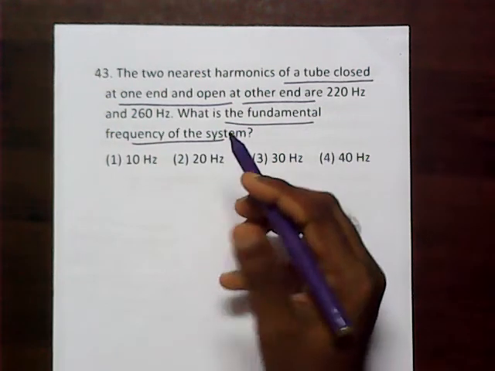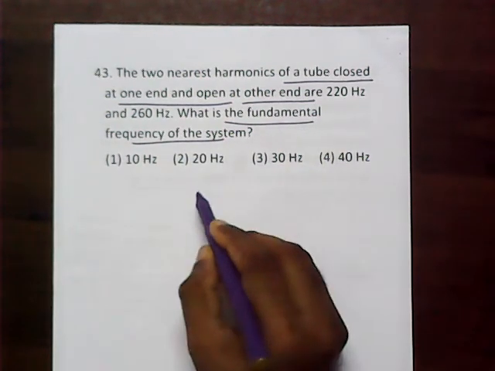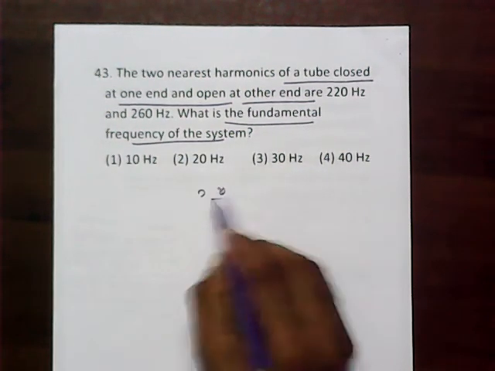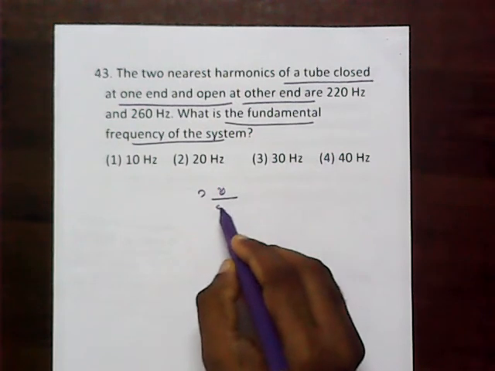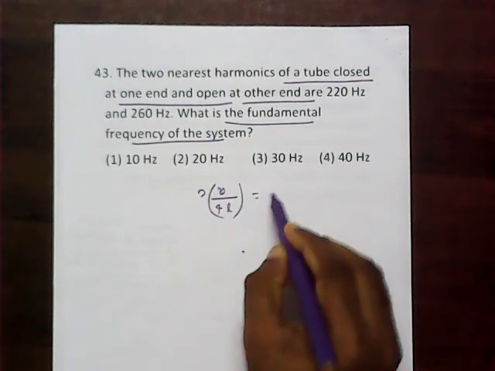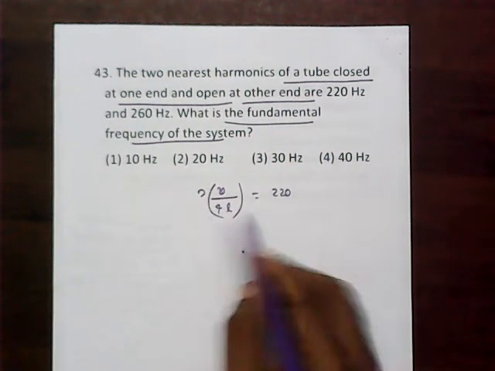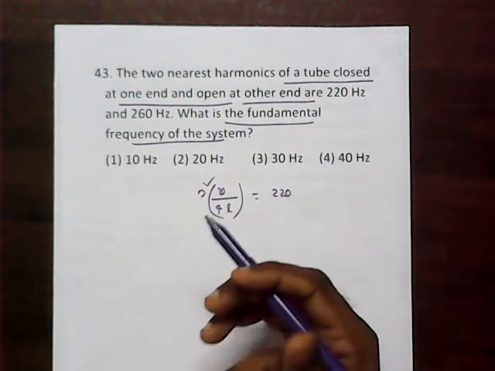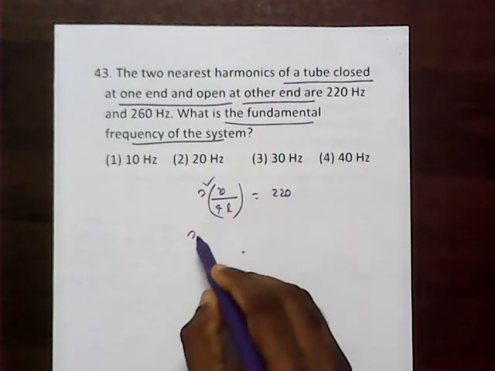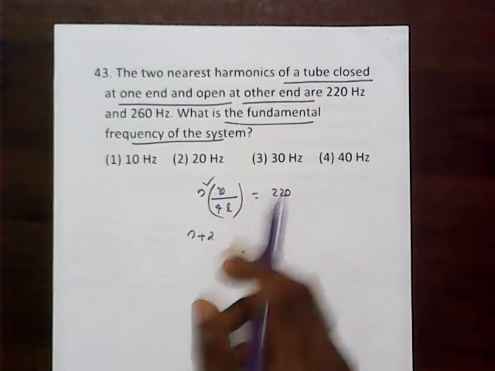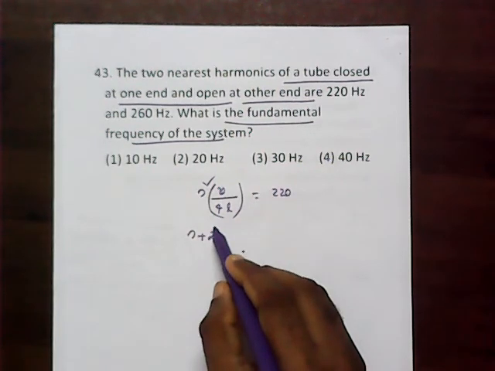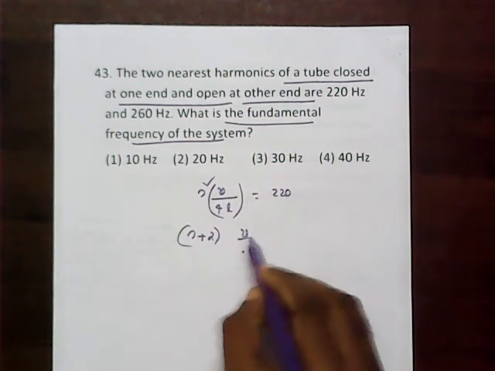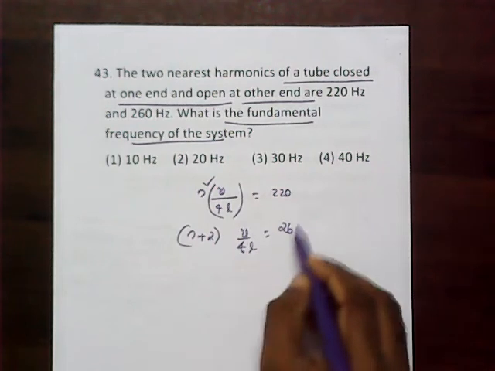We can say the nth harmonic is n into the fundamental frequency V by 4L, given as 220. But for the next harmonic, that is a speciality: only odd harmonics are present. So we can say n plus 2, that is very important, n plus 2 into V by 4L, is given as 260.